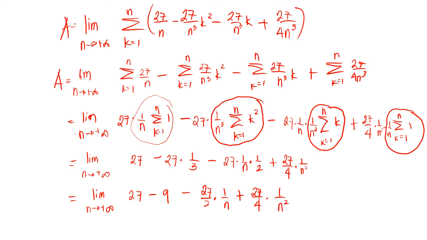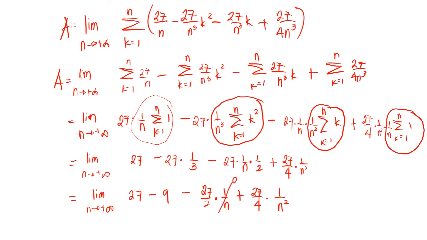Okay, don't forget, meron pa tayong limit as n approaches infinity. So 27, wala naman siyang n, so hindi siya affected ng limit. Si minus 9, hindi rin siya affected ng limit. So, si 27 over 2 times 1 all over n, siya yung affected ng limit kasi nakamultiply siya ng 1 all over n. And again, as n approaches infinity, si 1 all over n will approach 0.